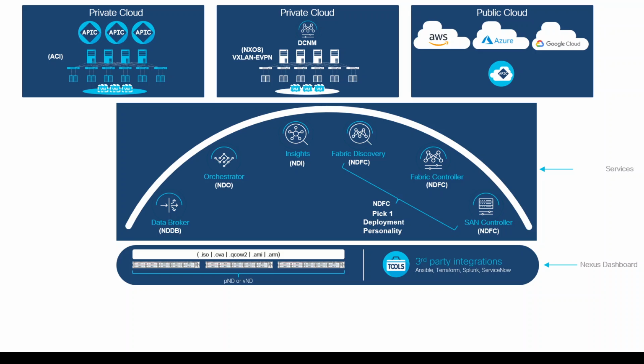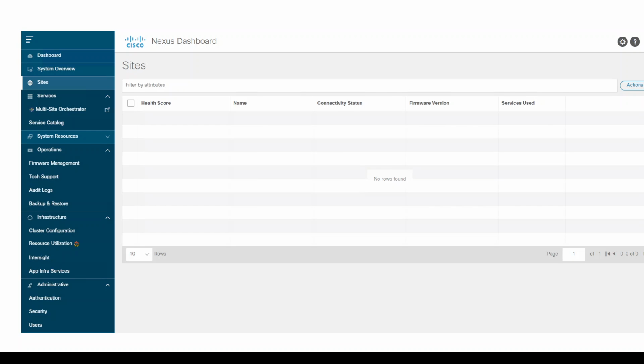And then finally at the top, we can see multiple different types of sites, all of which can be managed with the services that were just mentioned. The controllers that our services talk to are APIC for ACI fabrics, NDFC for NXOS fabrics, and Cloud APIC for cloud service provider sites.